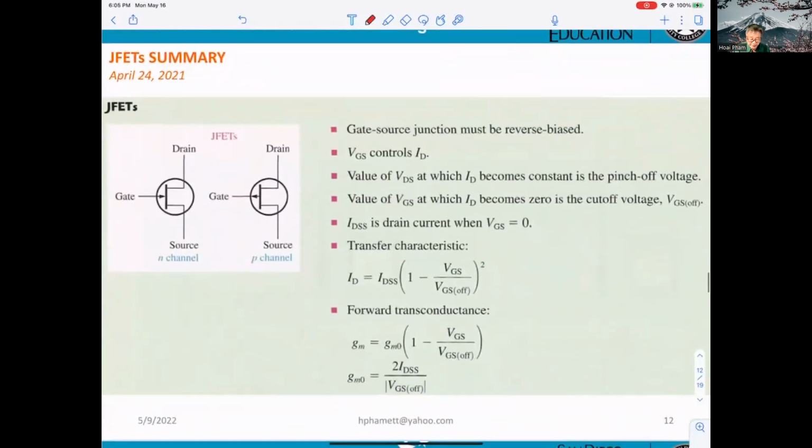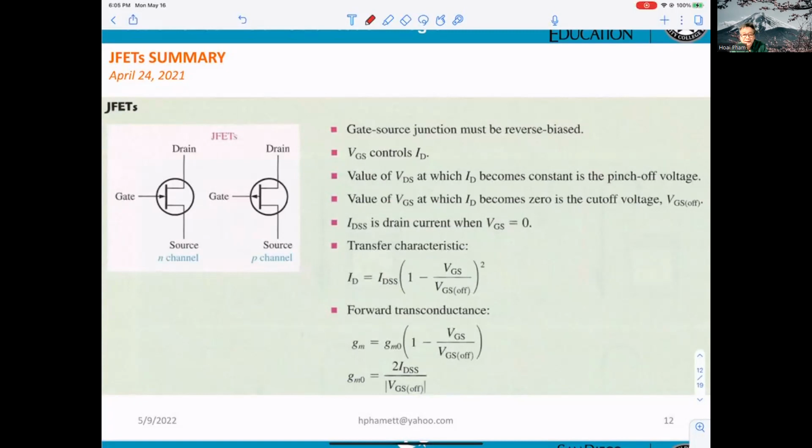Okay, so basically that will be summarized, and they give you anything we need. We already talked about JFET, and they just try to give you a summary of all the basic formulas. The gate-source junction must be reverse biased. VGS controls current ID.